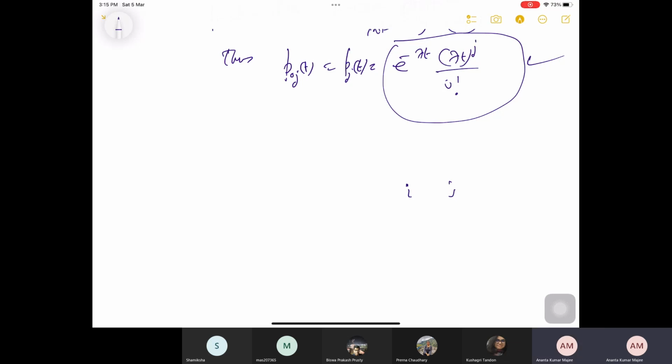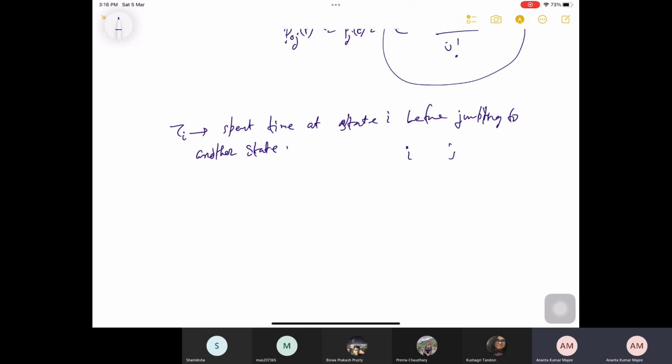If the chain starts at state i, and if you denote by tau i the time spent at state i, or the waiting time before jumping to another state, I want to know what is the distribution of tau i.